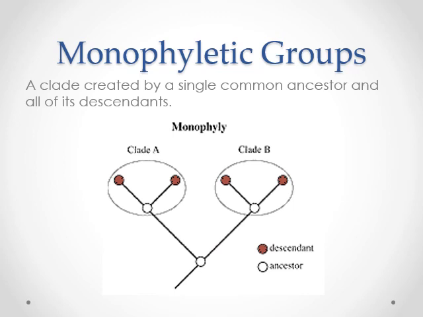One common ancestor, all the descendants. In fact, this whole thing is monophyletic. All the descendants from that one ancestor. It includes every single one of them. That's like, I guess, your real family tree. You, and every single one of your descendants.